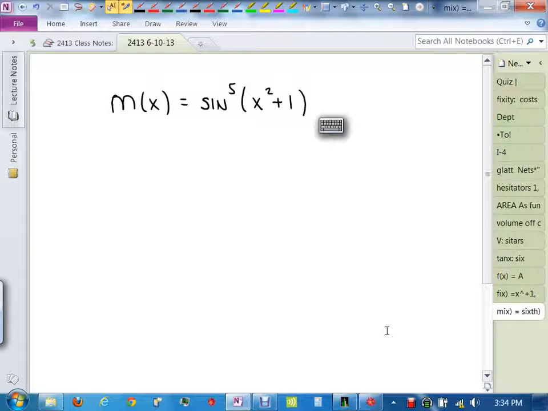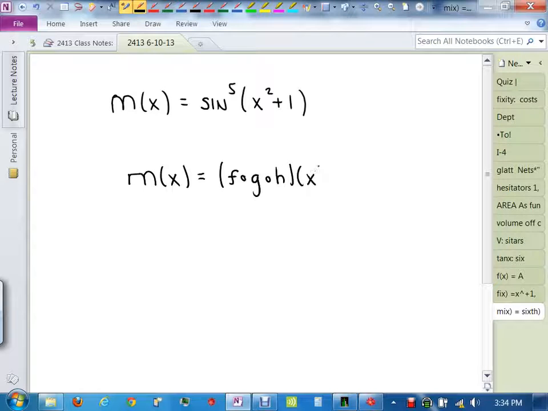So the instructions are find the functions f, g, and h such that M of x equals f of g of h of x. So we want to find f of x, g of x, and h of x. So we're actually working backwards.